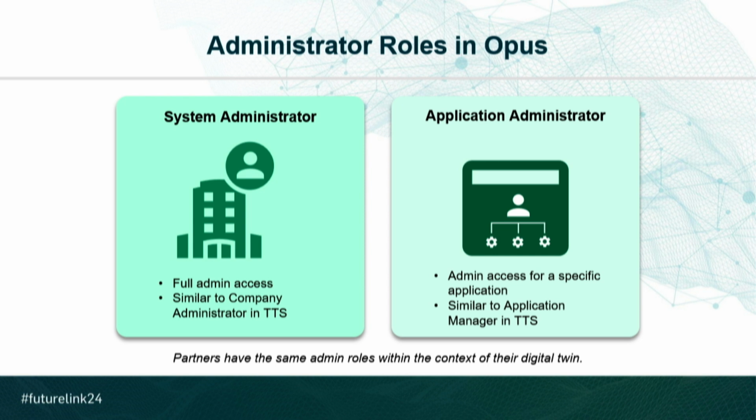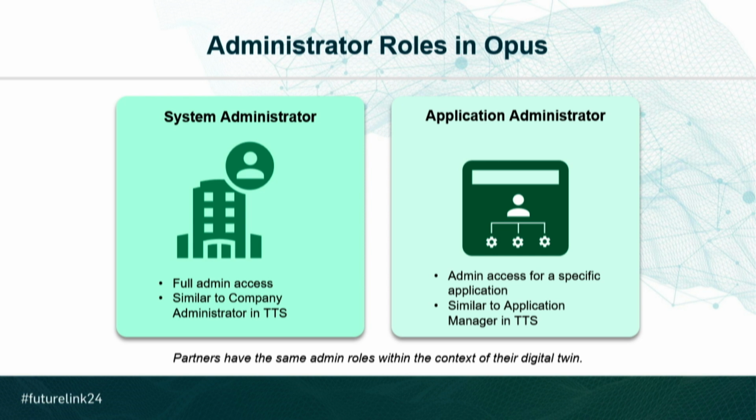It basically is the super admin in the system, with full admin access, and it's similar except for one thing. A company administrator in TTS can only assign the role of application manager, whereas a system administrator can assign any role. And then an application administrator is similar to the application manager.